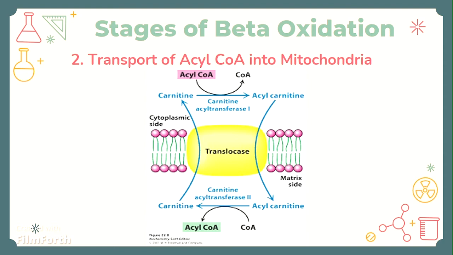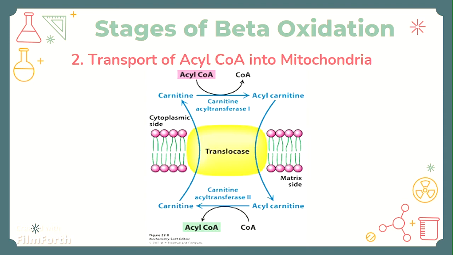The second one is the transport of acyl coenzyme A into mitochondria. In this step, a specialized carnitine carrier system, or the carnitine shuttle, operates to transport activated fatty acids from cytosol to the mitochondria.